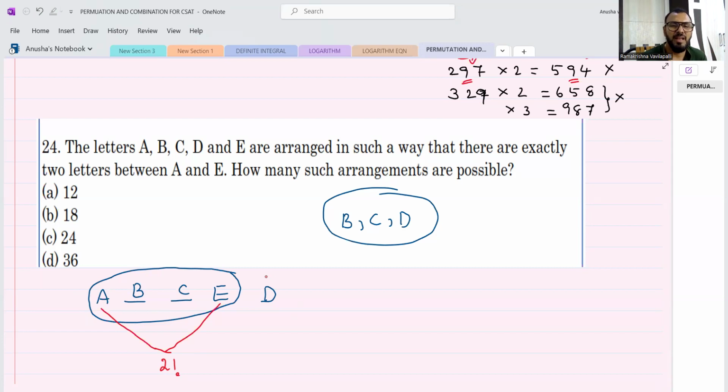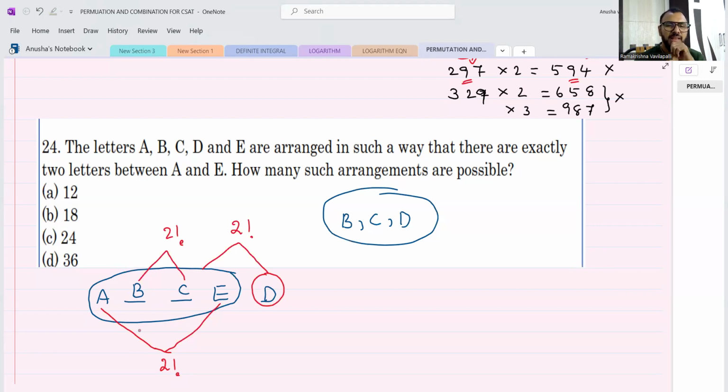Well, now you see, B and C can be arranged in two factorial ways. Now these two circles can be arranged: first is D, next A, B, C, E, and A and E can be arranged in two factorial ways.